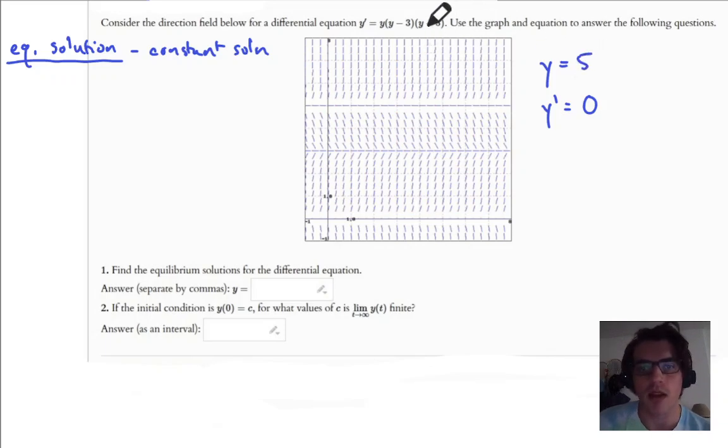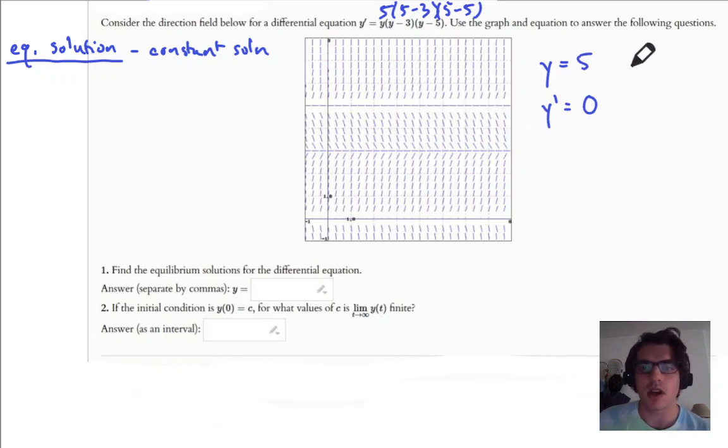We could plug in y equals 5. We would have 5 times (5 minus 3) times (5 minus 5). And that 5 minus 5 will make this whole thing 0. So the derivative y prime would be 0, and it would be when we just take the derivative of the function. So it would work by plugging in and by taking the derivative.